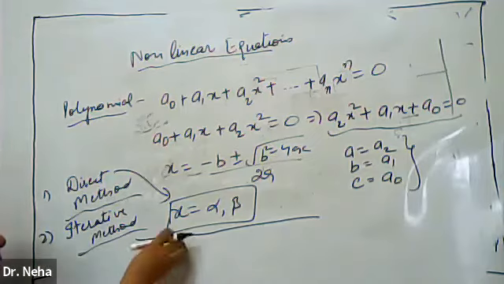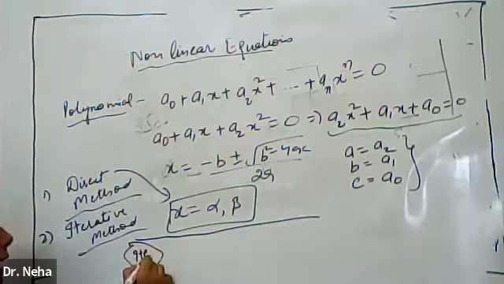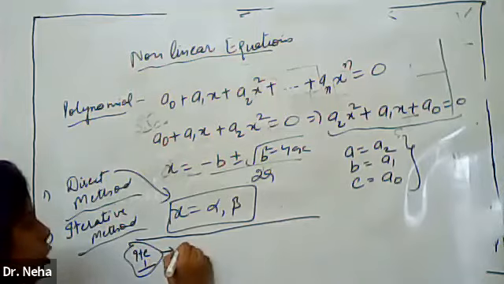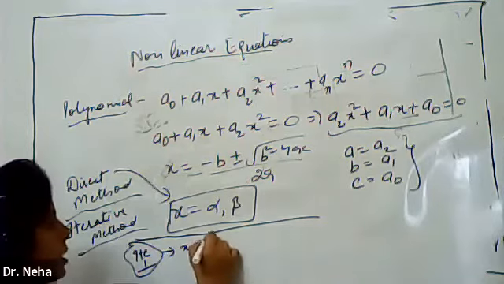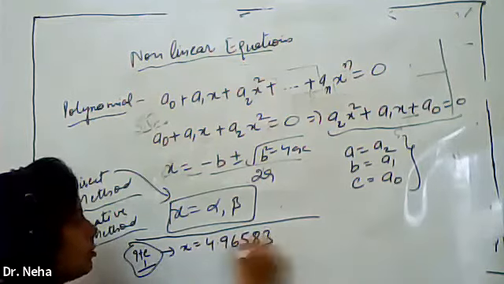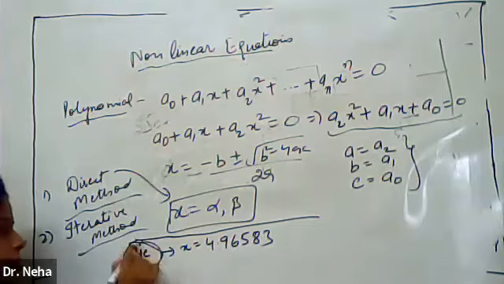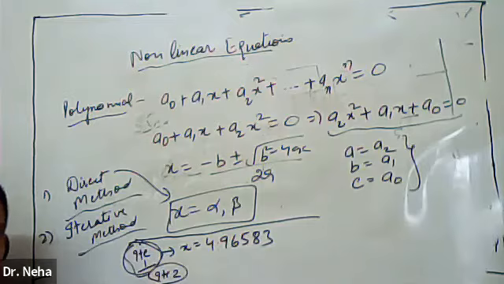Let us suppose we apply the process and name it iteration number 1. Let us suppose after the first iteration we got the value of x as 4.96583. Then we apply the same process once again and that is named iteration number 2.